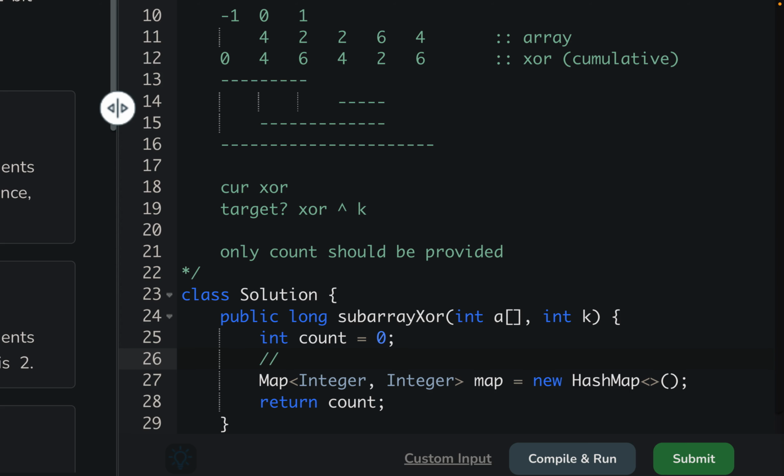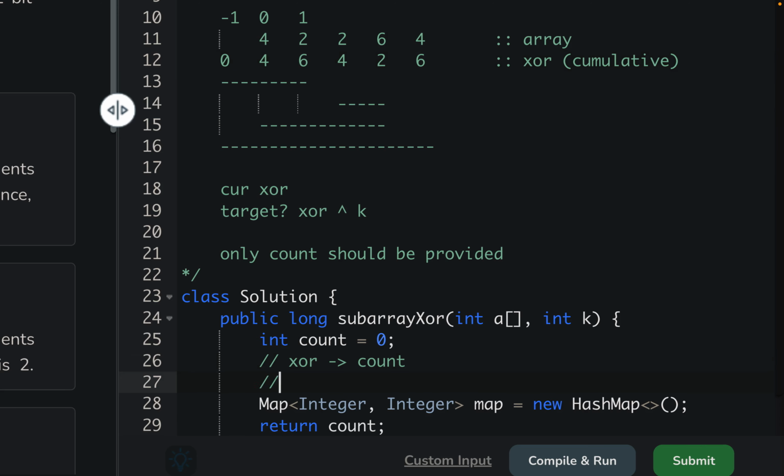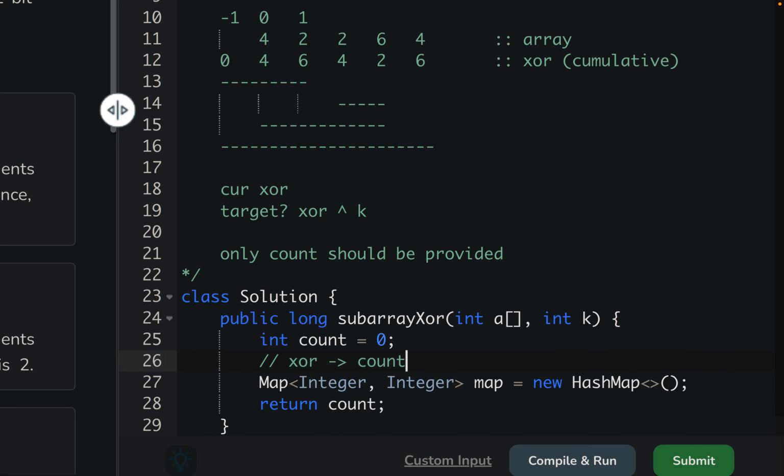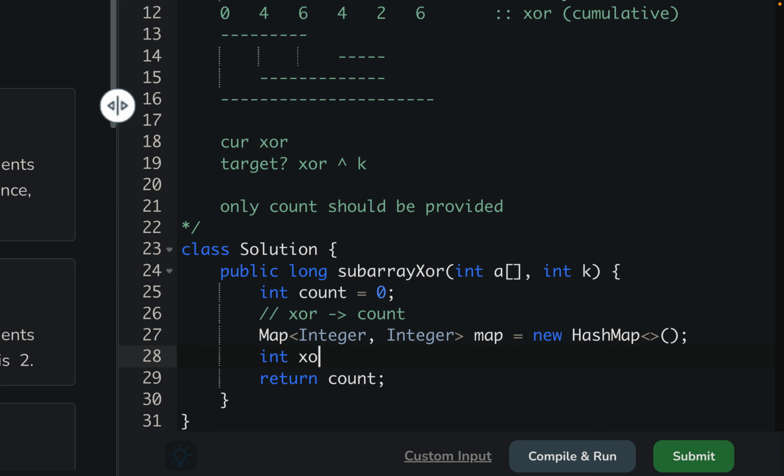This map will give us a current XOR, and it will give us the count, how many times it occurs. So here we have 6 occurring 2 times. This is an XOR value, 2 times 6 occurring. So 6 would be pointing to 2. So yeah, that's the only thing. And also we want XOR, which initially is 0. This would be cumulative XOR.